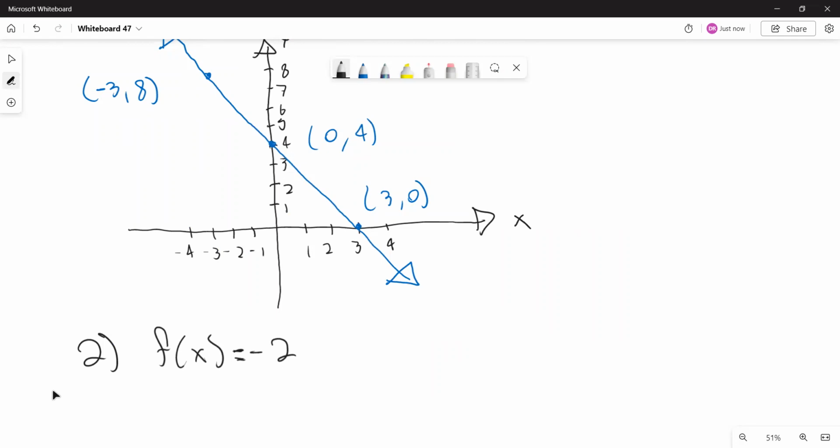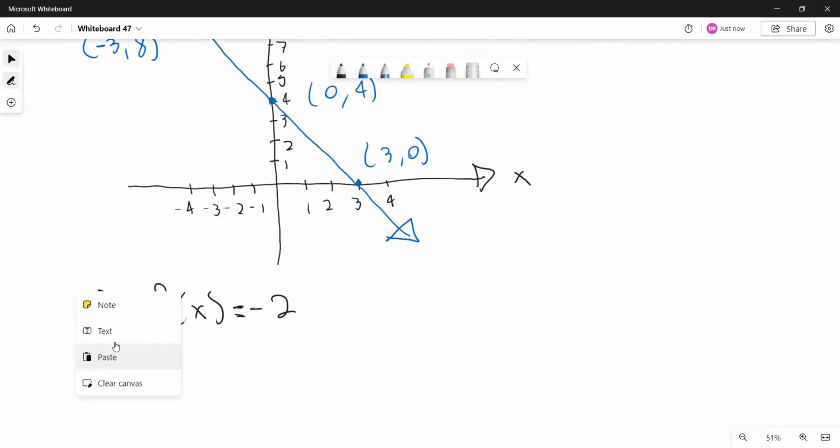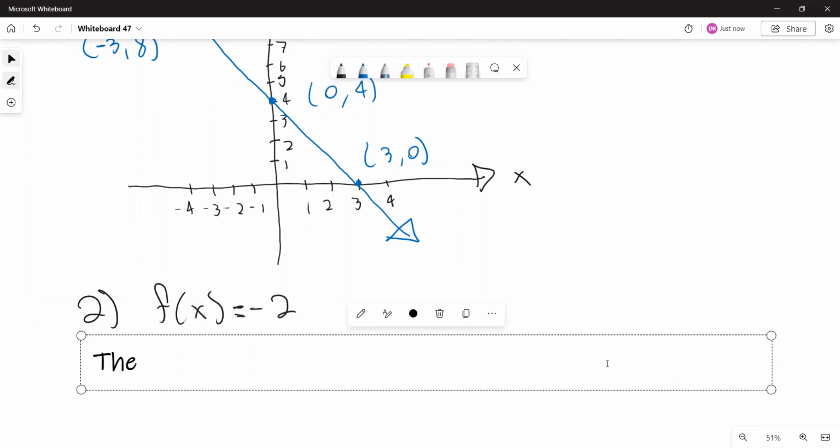The thing about this is that the y value is always -2, regardless of the value of x.